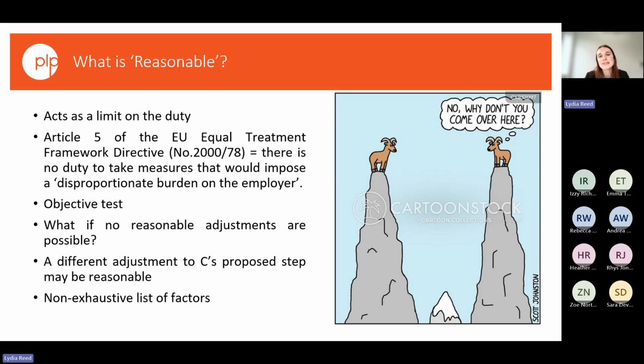That remains the case even if the claimant does not prefer that other step. If the tribunal find it to be reasonable and it hasn't been taken, then that is within their remit of the objective test.